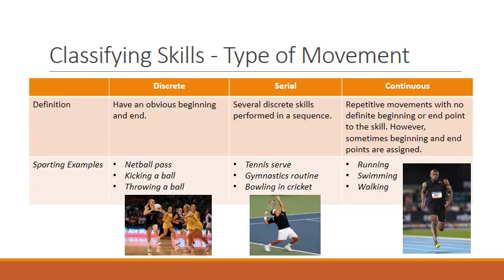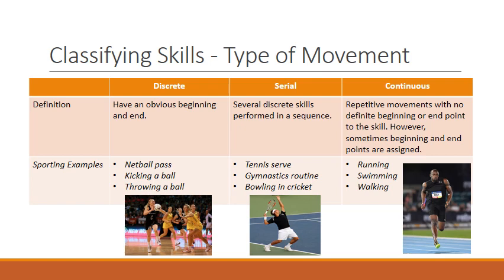In terms of the type of movement, we have 3 categories that we use to compare the different types of movement involved in a particular skill. So we have discrete skills, serial skills, or what we call continuous skills. If it's a discrete skill, and think of that word discrete, it's something that has a very clear beginning to it and a very clear end.